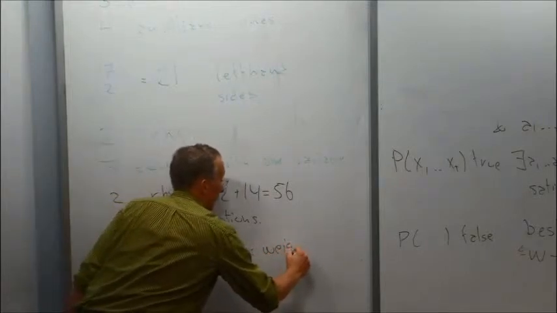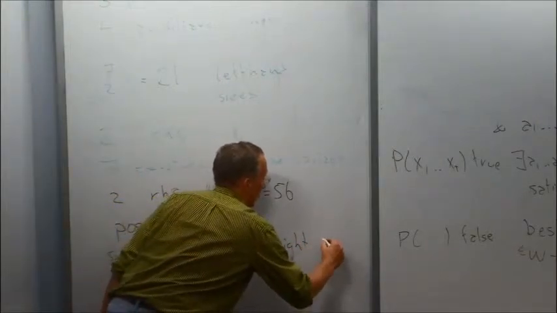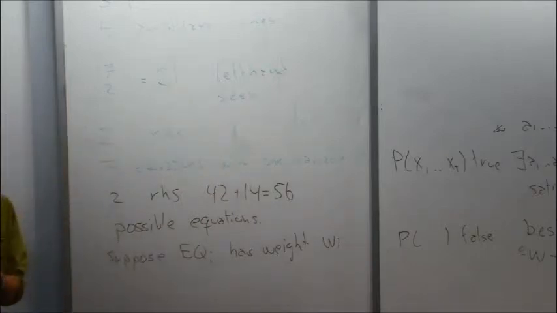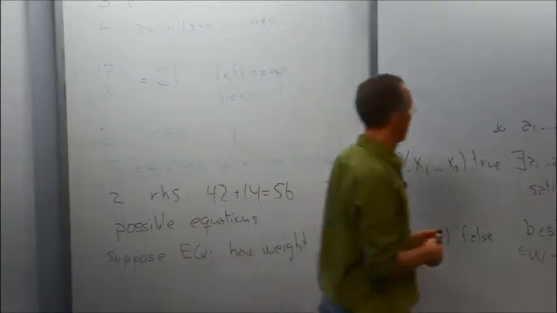So I said I would allow weights. Now let's look at what kind of weights I need. I'll introduce a variable for the weight of equation i, Wi.